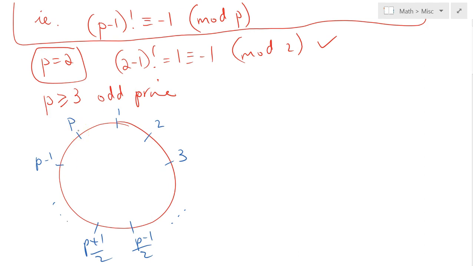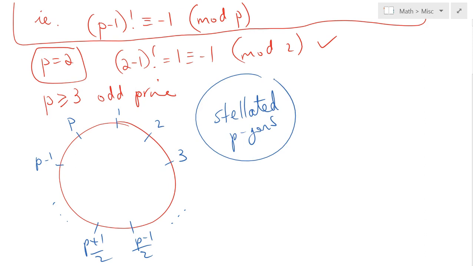All the points will have to be connected to each other, so you are not allowed to raise your hand in that sense. We call these polygons stellated p-gons, but I guess it is clear what we mean.